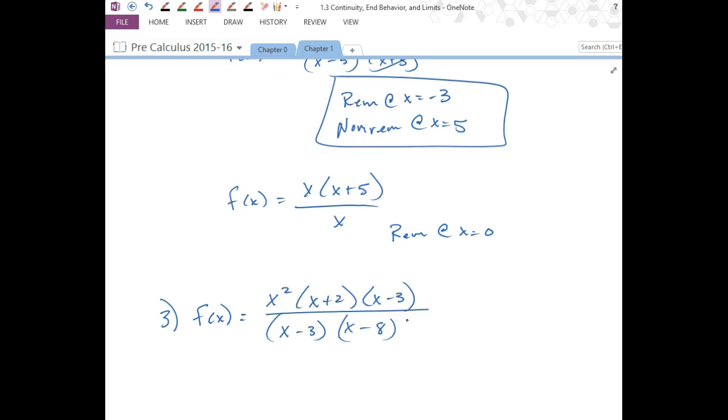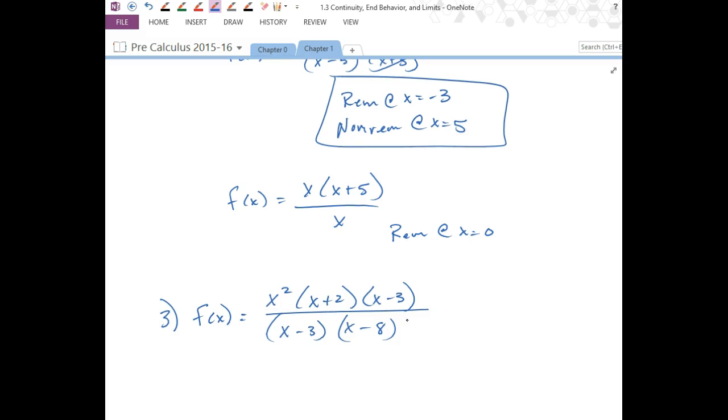Okay, so what about this one? How many kinds of discontinuity do I have? Or how many points? So 2 places where it's not continuous. What are the 2 places? X is 3, and then the other one is at 8. So it's at 3 and 8.